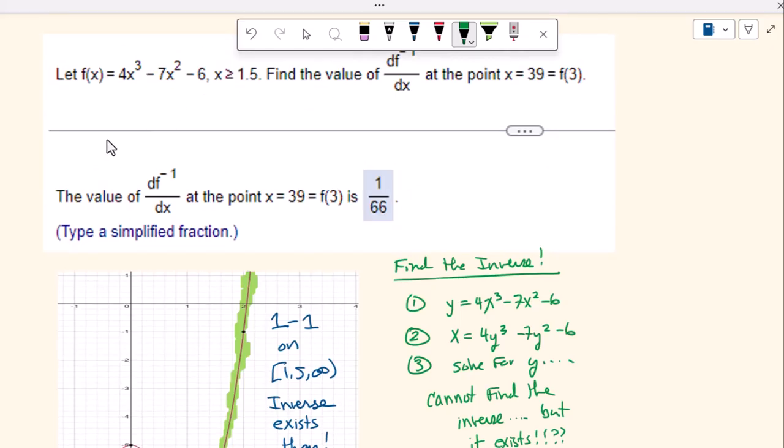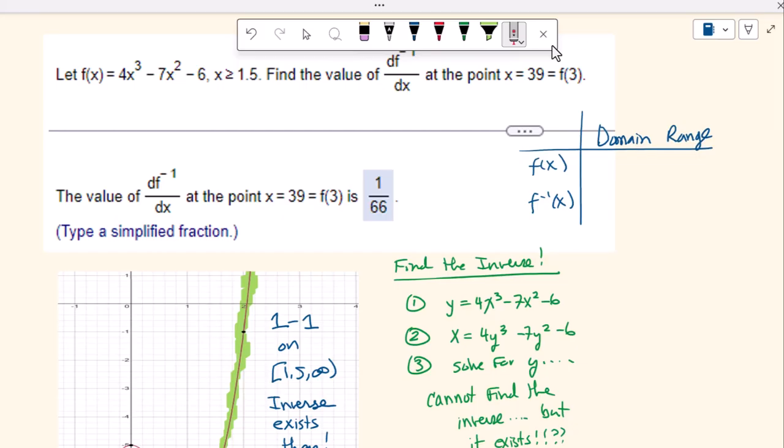So if we look at this graph, 4x cubed minus 7x squared minus 6, they're giving us the point (3, 39), f of 3. And this is a little bit confusing for this notation. So I'm going to come down here and let's talk about f of x and f inverse of x, domain and range. Now remember, the domain and the range swap.